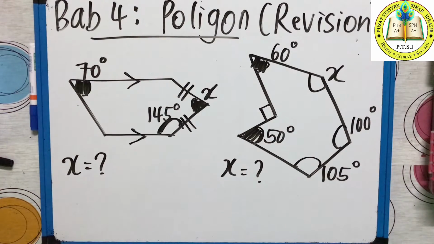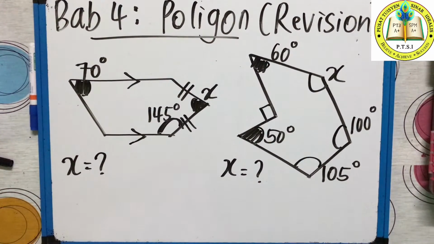This question here, they ask you to find the x value. Okay, cari nilai x. So how to get this x answer? First, what must you put the value there, class? If you don't know this, make sure you know that now.